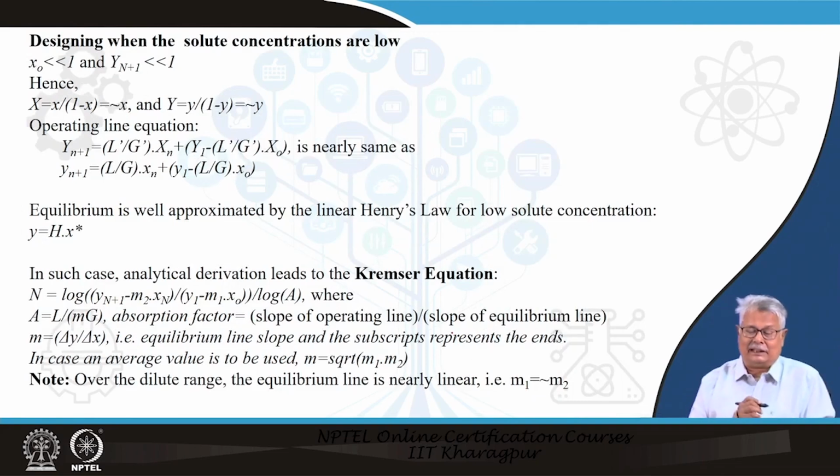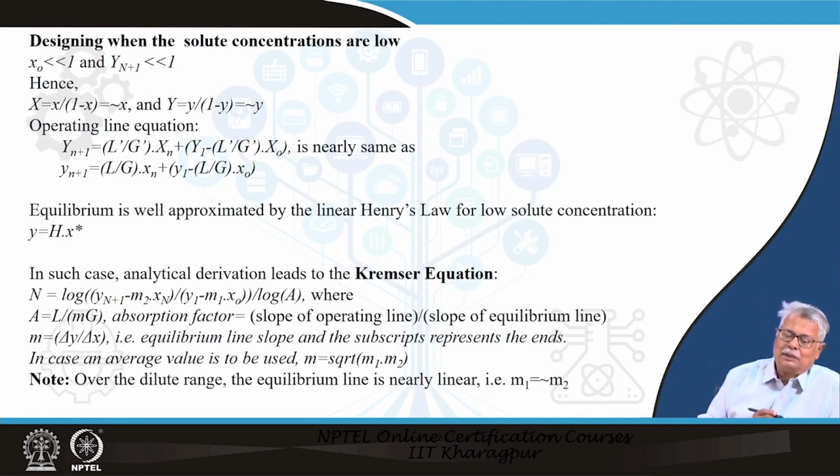Now we have another case. The case that we have dealt with so far deals with a little bit higher concentration of the solute in both the phases. Now when my concentrations are small, that means my x0 is very small, yn plus 1 is also very small.